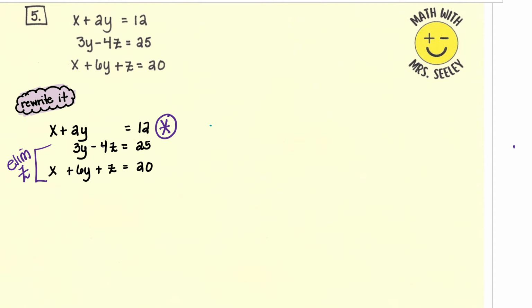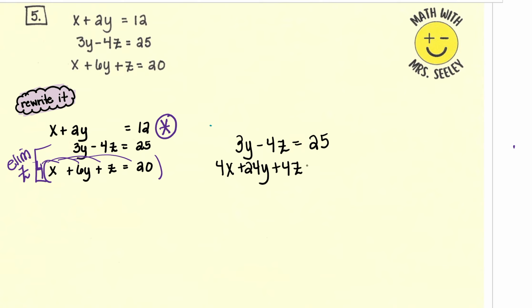But let's go with the route we said. So if this is a negative 4z, this needs to be a positive 4. So multiply everybody by positive 4. So this one, just copy over: 3y minus 4z is equal to 25. 4 times x is 4x. 4 times 6 is 24y. 4 times z is 4z.